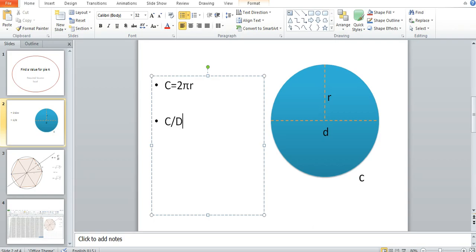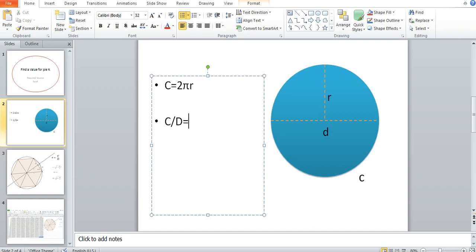If we divide the circumference by the diameter, it is not changed from circle to circle; it is a fixed value.